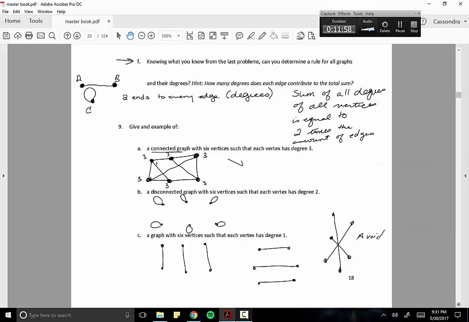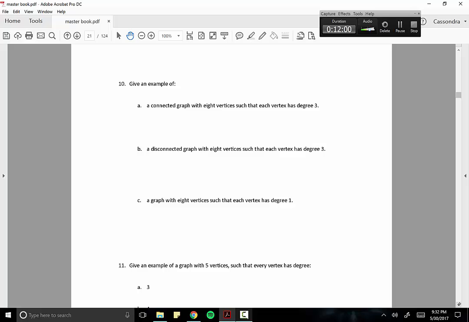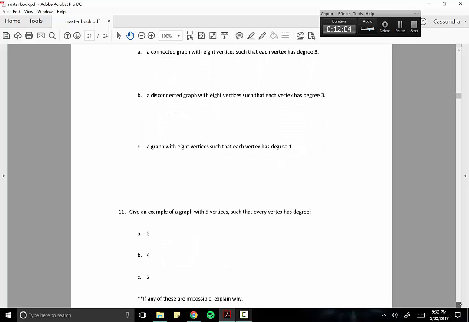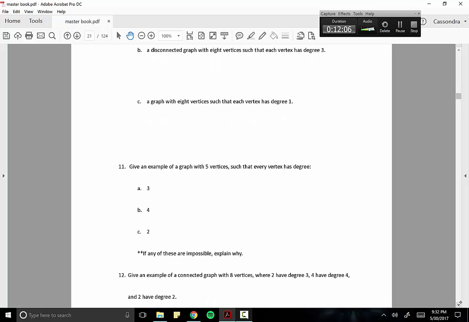So now let's move on to problem 10. We've done that. That's the exact same thing as problem 9. Let's look at problem 11. Give an example of a graph with 5 vertices such that each vertex has degree 3. Can't do it. That's an odd number of odd vertices. No matter how much I try, I can't do it. If I have 5 vertices with all degree 4, I can absolutely do that.